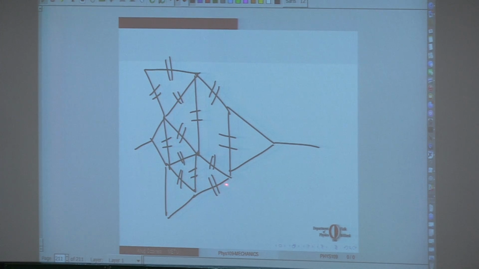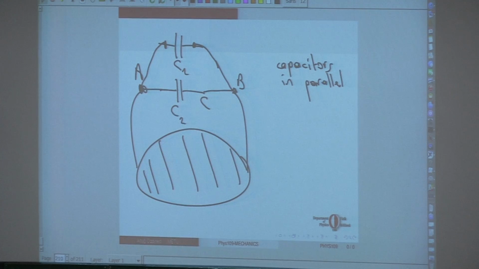You can consider some simplifications, but I'm sure for certain capacitors you cannot even say whether they are in series or in parallel. So you can come up with all kinds of possibilities, but for two capacitors you only have these two choices. Nothing else.